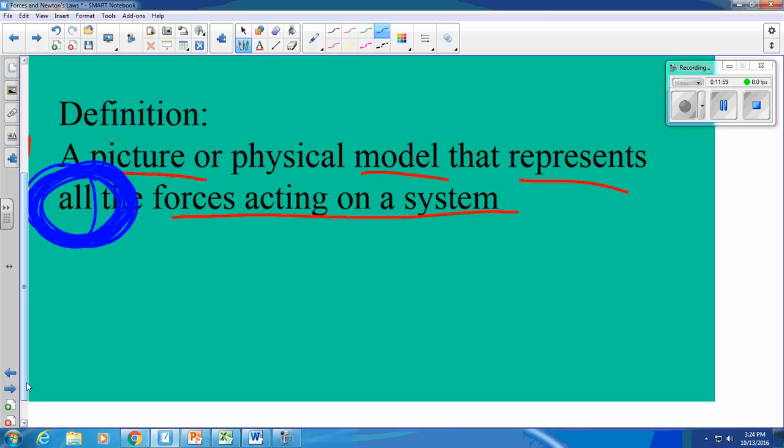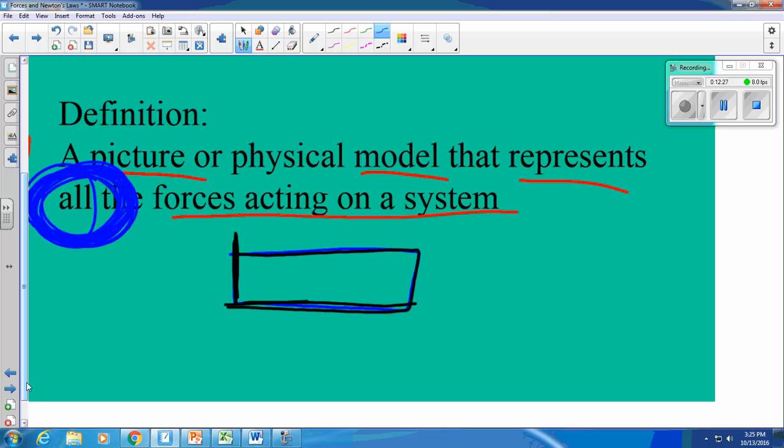So, once again, I like to start making everything into a box, because then I can clearly see my vertical lines, and I can clearly see my horizontal lines if I need to. Now we talked about this yesterday, that a force diagram is going to tell you where the forces are coming from.